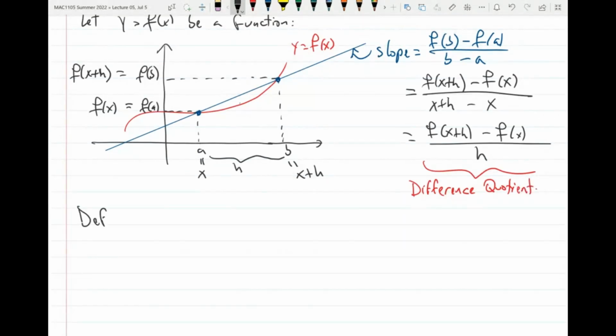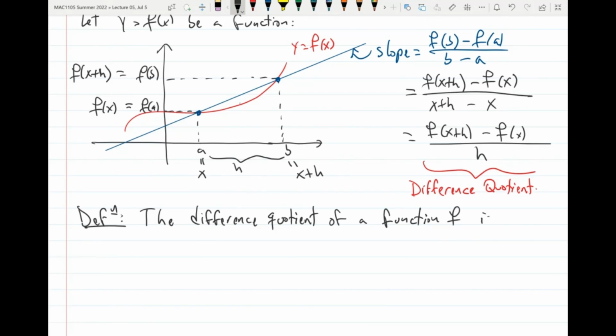So, definition. The difference quotient of a function f is the following expression: f of x plus h minus f of x, over h.